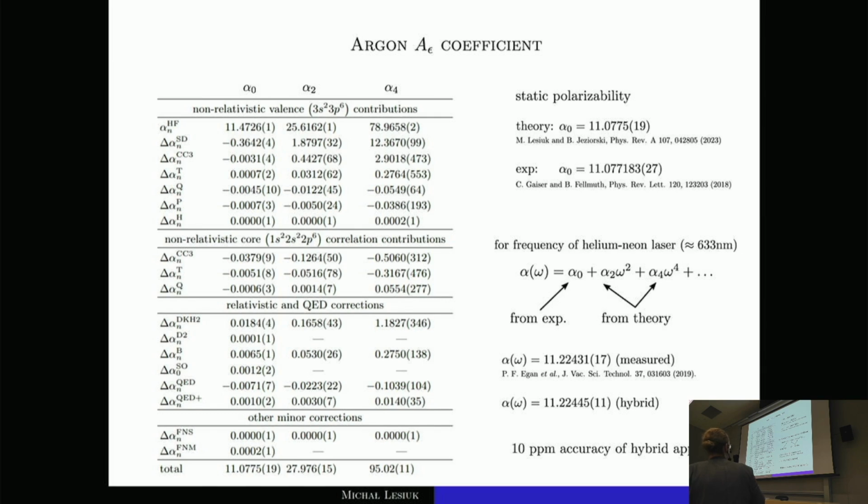For example, for the frequency of the helium neon laser, 633 nanometers, you can use this combined hybrid approach and compare with what has actually been measured. The conclusion is you can reach 10 ppm accuracy within this hybrid approach. This is not as good as for helium, but it's a close second.